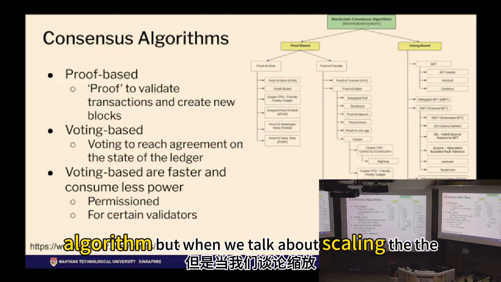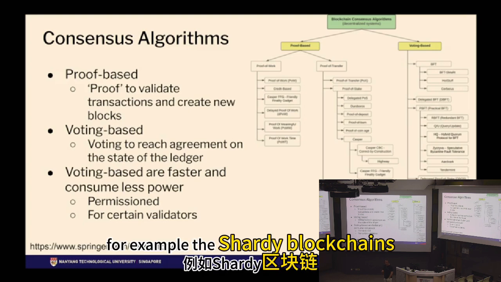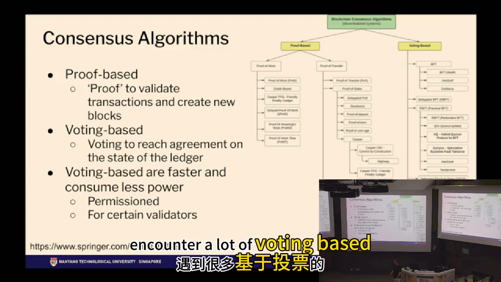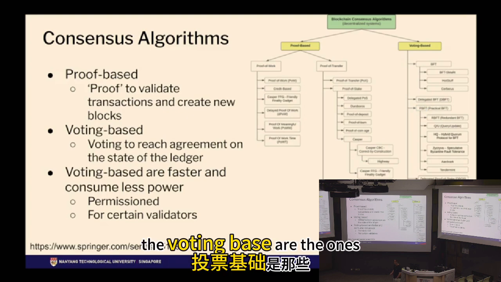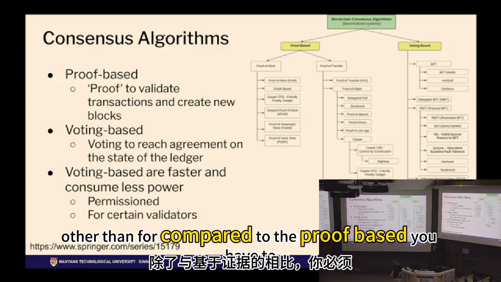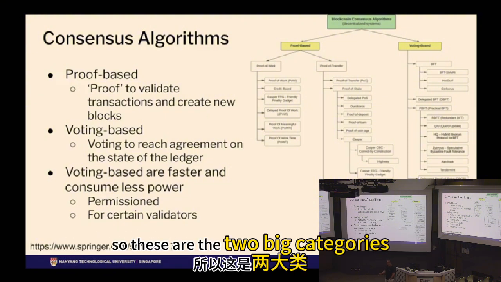But when we talk about scaling layer ones, for example sharded blockchains, that's where you encounter a lot of voting-based consensus algorithms. Voting-based ones are where you vote to reach agreement, compared to proof-based, where you have to validate transactions and create new blocks. So these are the two big categories.